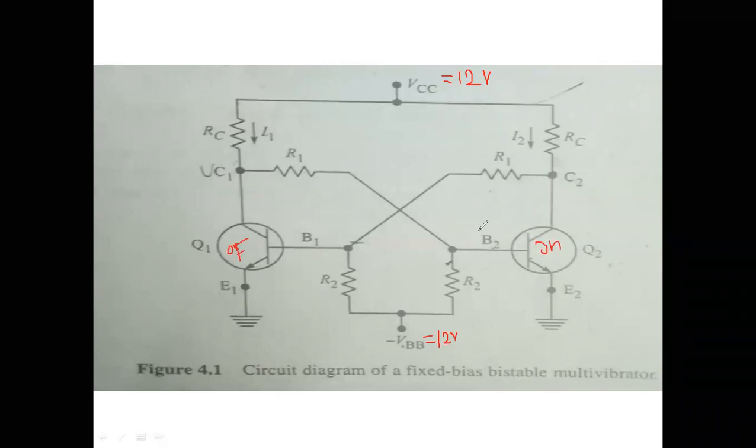Next, we assume that for an on transistor, VCE, that means the voltage at this node, we are going to assume as 0, because they have not mentioned it. If they had given it, we would take it, it may be 0.2 or 0.3 volts.